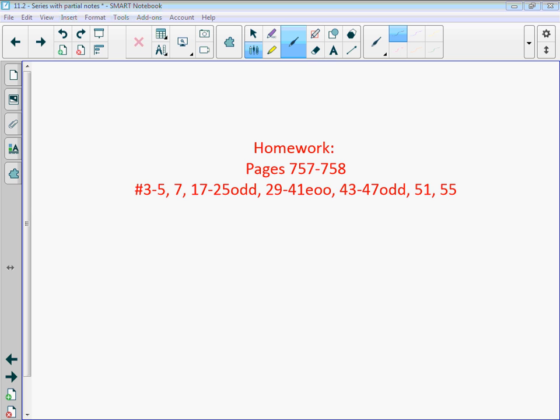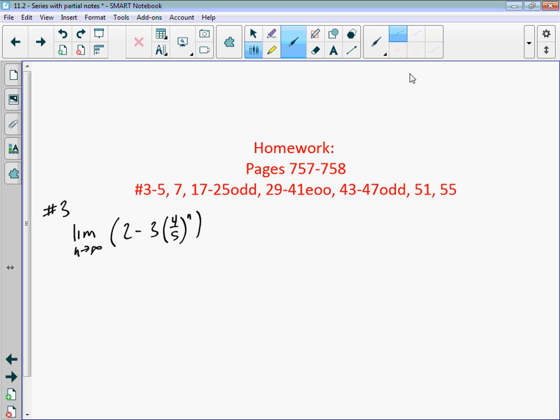So when you're looking at 3, you're just taking the limit as n goes to infinity. I'll just do it up here. And what does it say? 2 minus 3 times 0.8, which is like 4/5, to the n power.